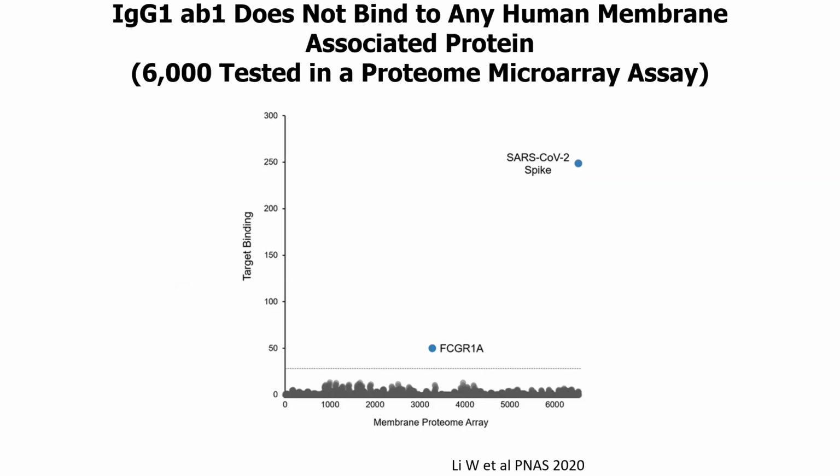We also tested another antibody, IgG AB1, which actually was GMP produced and ready for clinical trial. And as you can see here, it really doesn't bind to any of the human proteins, except some weak binding as expected to Fc gamma receptor 1, which, of course, made us very, very happy.